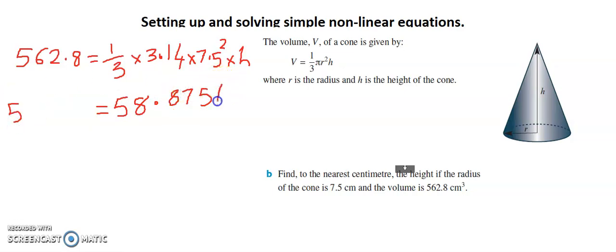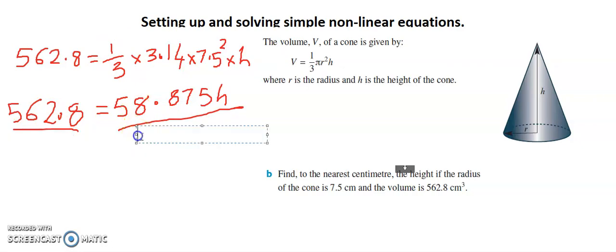Now we're still timesing by h. So the next thing we need to be thinking about is to get h by itself, and that means we need to divide both of our sides by 58.875. If I divide both sides by 58.875, it means I get h by itself, and that is what we are after.